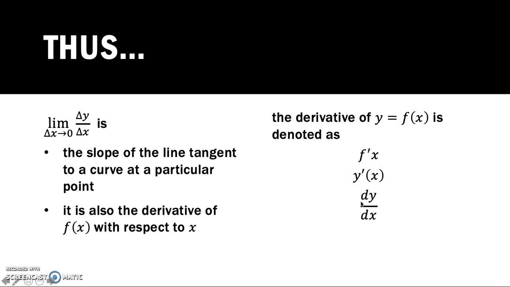So now you know that the derivative measures a change in y as a change of x for a function y equals f(x). And we have also shown you that the derivative is also the slope of the curve of y as a function of x at a particular point x if delta x is very small, approaching 0.